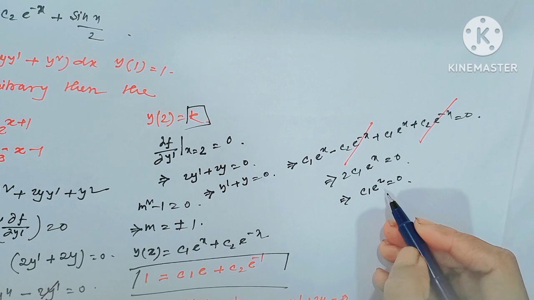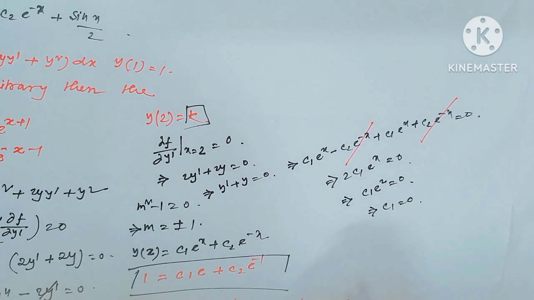And obviously e^2 is not equal to 0, that implies c1 = 0.